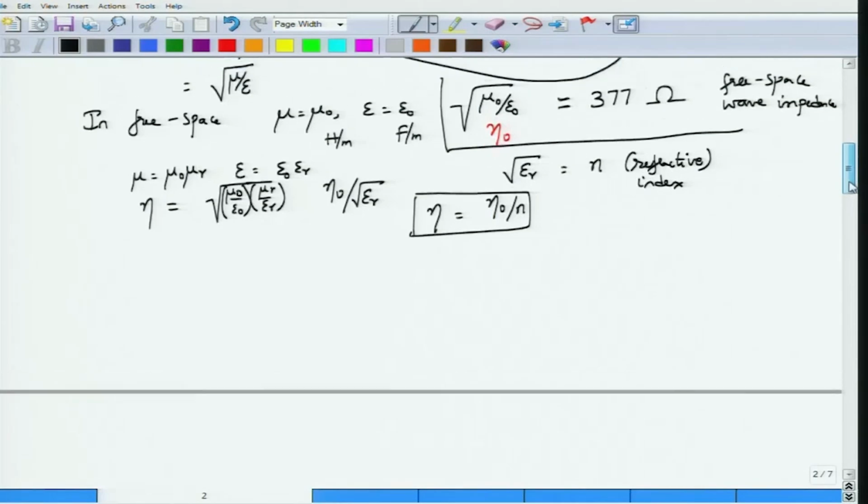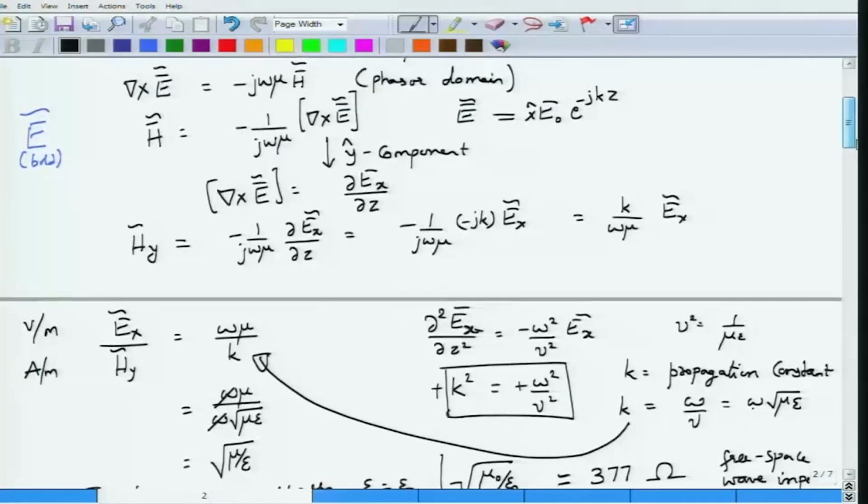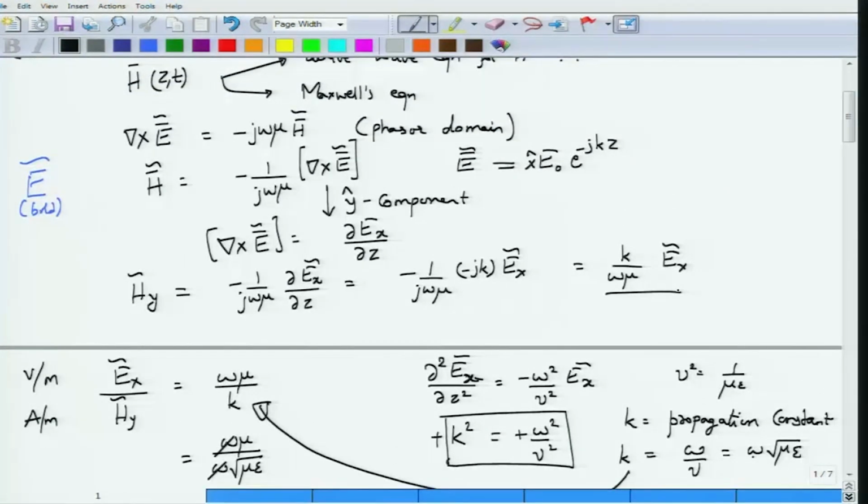So this is about the magnetic field. We haven't yet completed the solution for the magnetic field, so let us do that. What we have just found out is that the phasor for Hy is given by k by omega mu. This is what we found out. If you are not sure, you can go back and take a look at this part here.